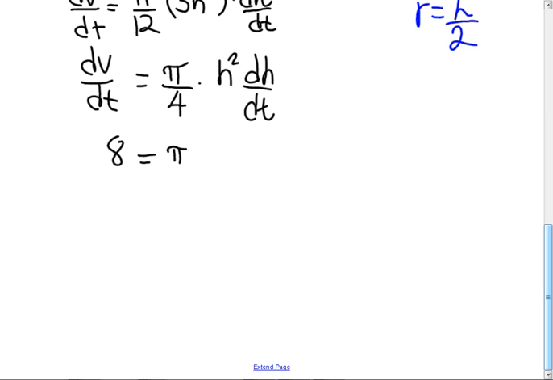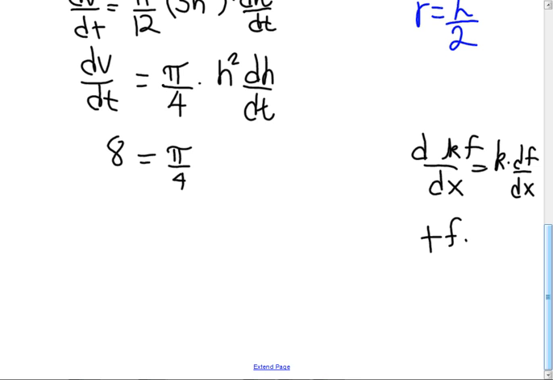Question? Yes. You don't do anything with the pi? It's a constant. Remember the derivative of some constant times f with respect to x is equal to the constant times the derivative of f. Because it's plus f times the derivative of my constant. But what is my constant?